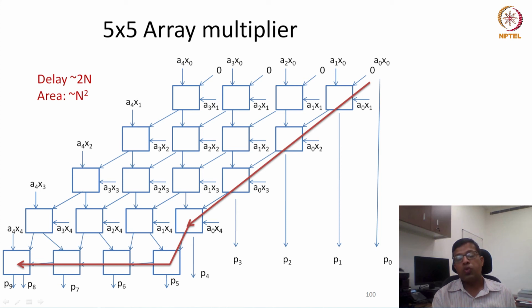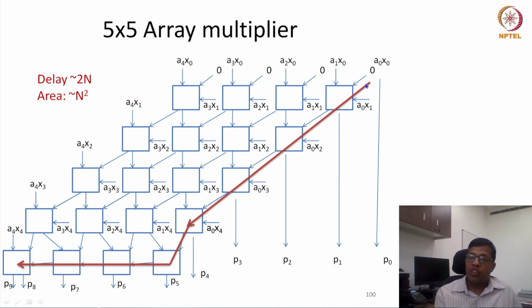So the total number of full adders in my critical path is 2n minus 1. Here it is 1 2 3 4, 1 2 3 4. The total number is actually 8 here. So whatever the size, it's always going to be 2n minus 2.